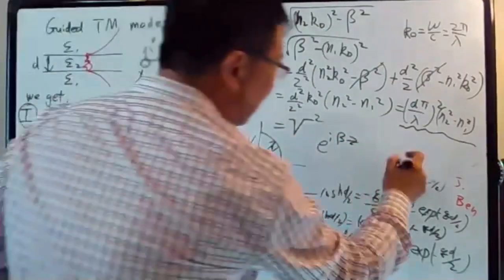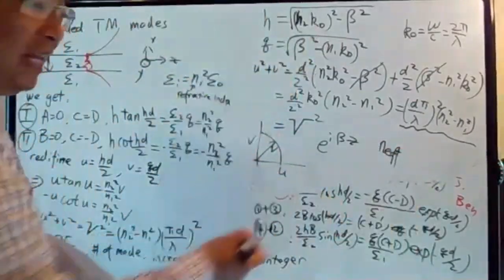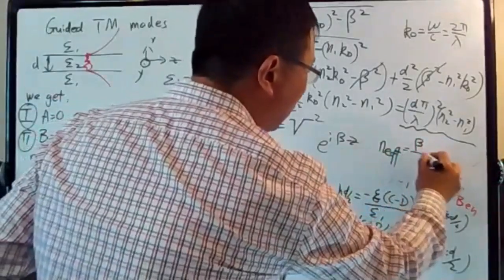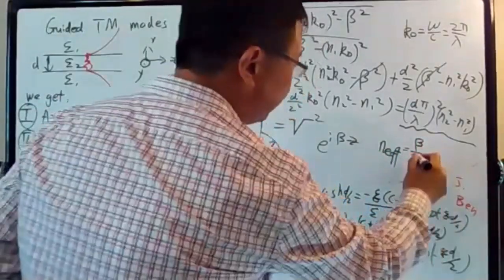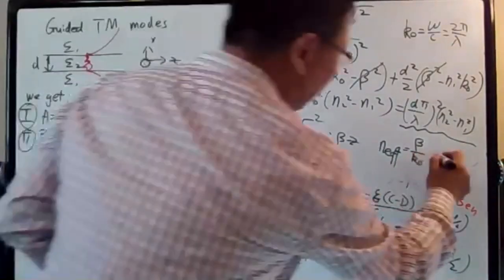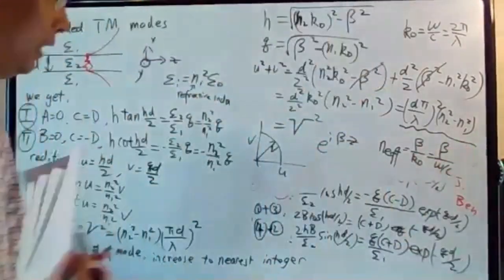So now let's define an N effective. It's the effective index. Effective index is beta over k naught, which is beta over omega over c, right?